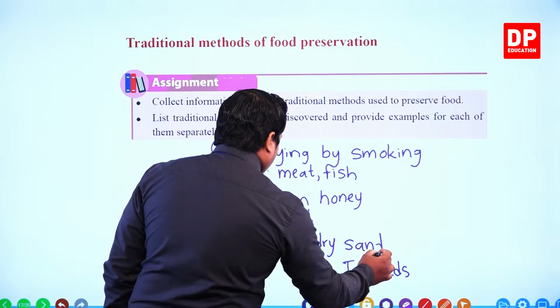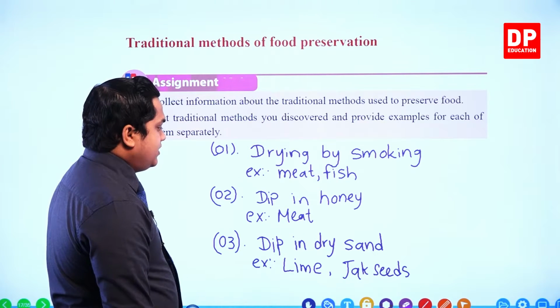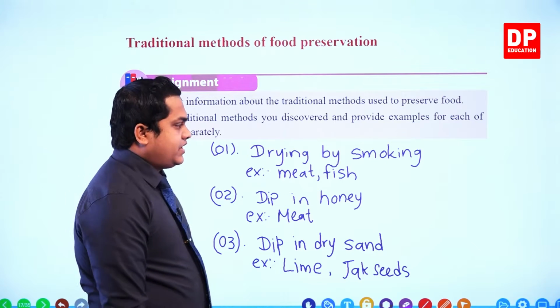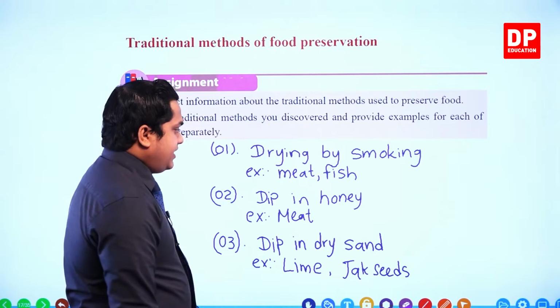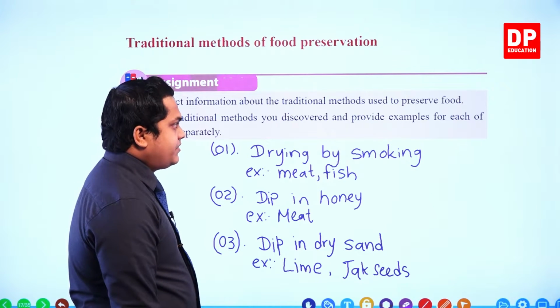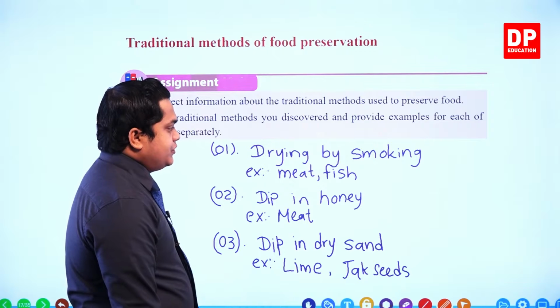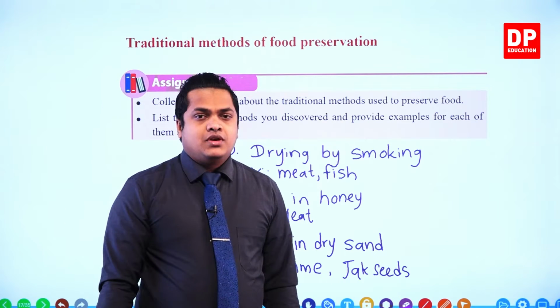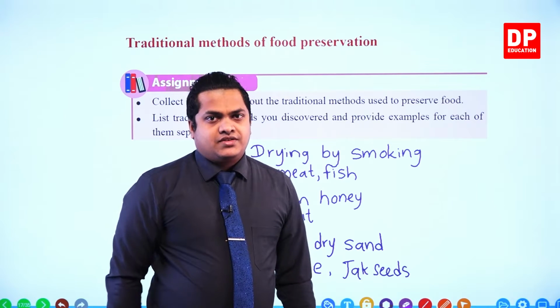So we can dip lime and jack seeds in dry sand to preserve them. So these are some traditional ways, my dear children, that can be used to preserve food. Those are the traditional methods then.